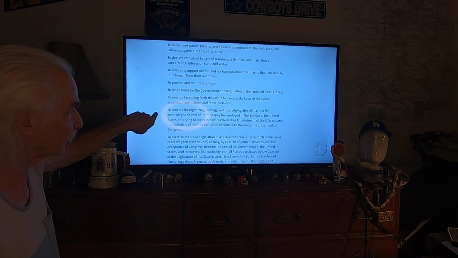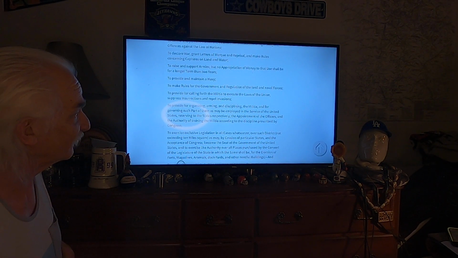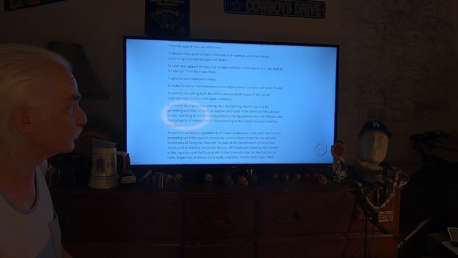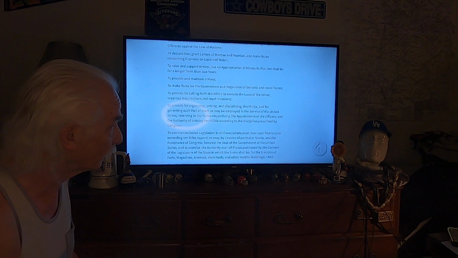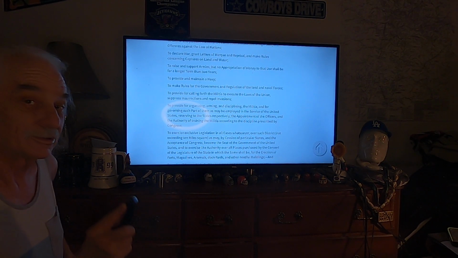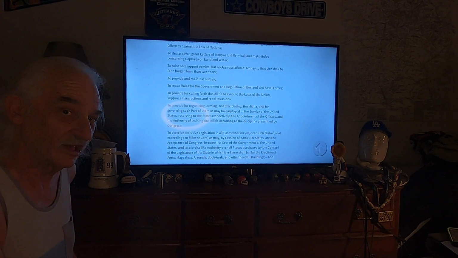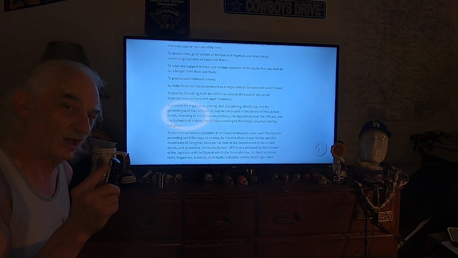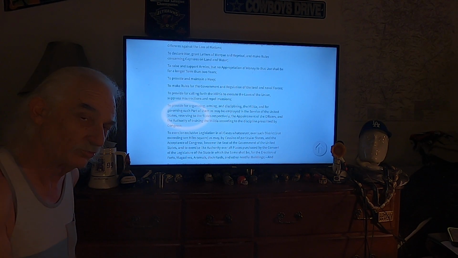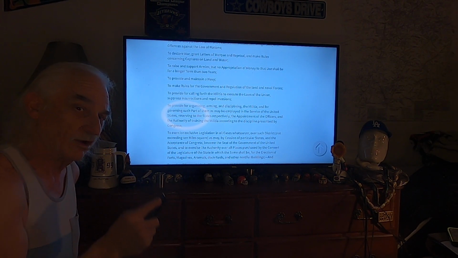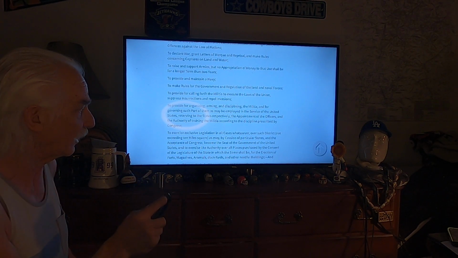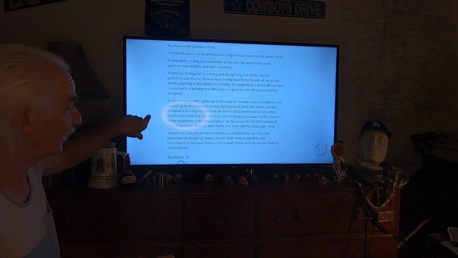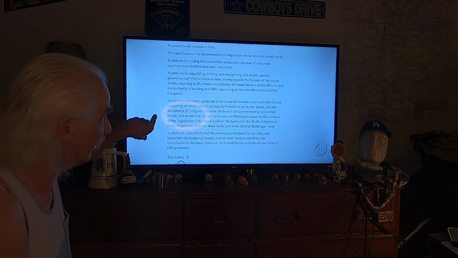It further reads in the next paragraph, to provide for organizing, arming, and disciplining the militia, and for governing such part of them as may be employed in the service of the U.S. Interesting stuff, because later when you and I talk about the Bill of Rights, Amendment 2, which provides for us the right to keep and bear arms, also makes mention of the need for a well-armed and well-regulated militia. You see this mentioned also here in Article 1, Section 8.